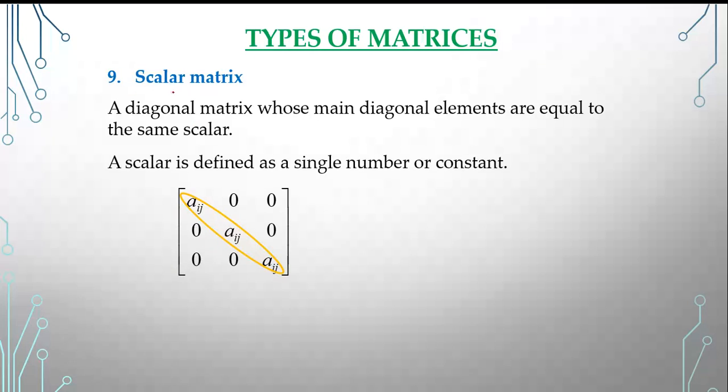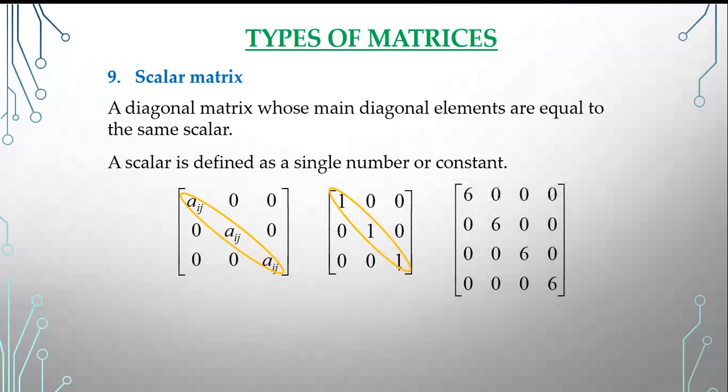But it will be a scalar matrix if all the diagonal aij are one scalar value, like 1 1 1. This is also called the identity matrix, or diagonal matrix, or scalar matrix, because the scalar matrix property is that the main diagonal elements are all equal to any scalar value, any of 1 2 3 4, but all the diagonal elements should be the same.